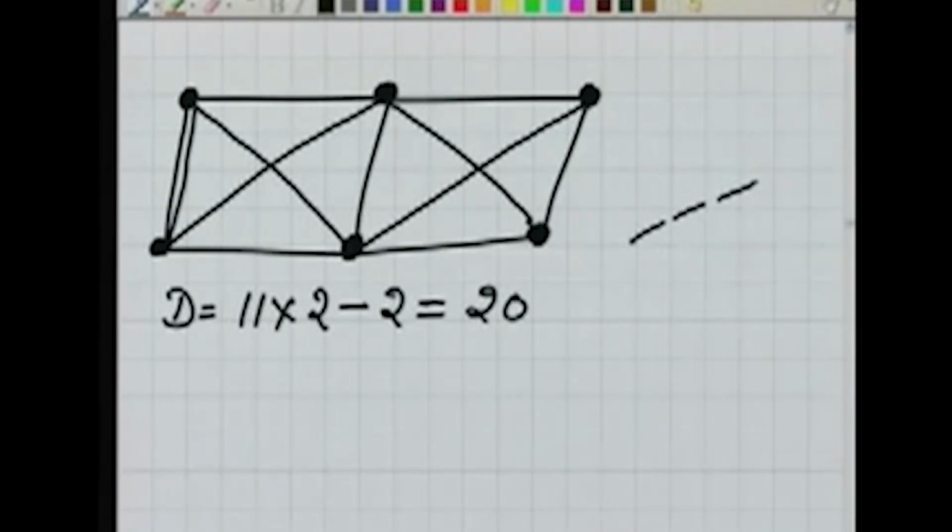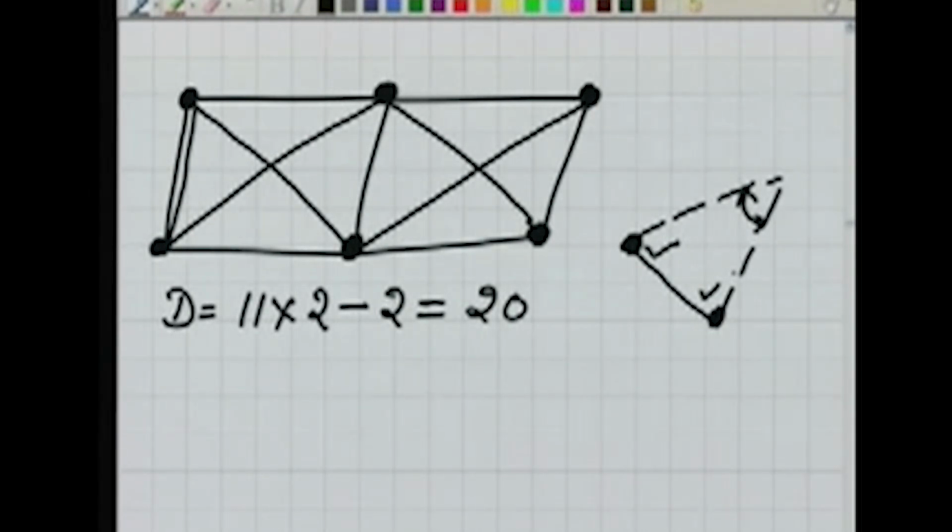If it is not occupied, I will just draw the dotted line and not make a dot there. So in this case there could be a triangle in which only these 2 points are occupied, but this is not occupied. The meaning is the angle here is not measured, while this angle is measured and this angle is measured.